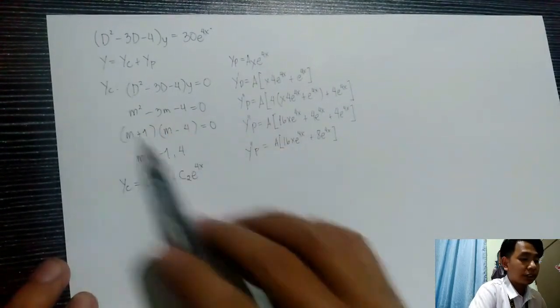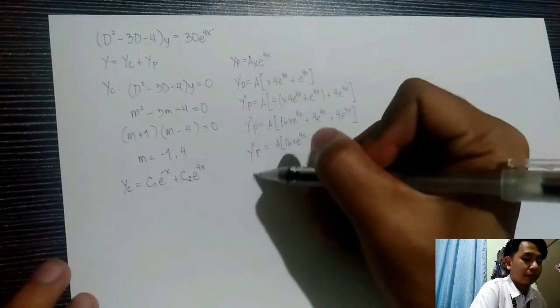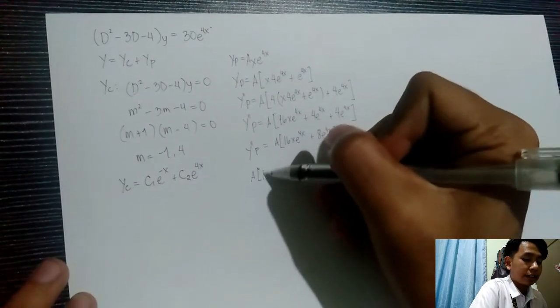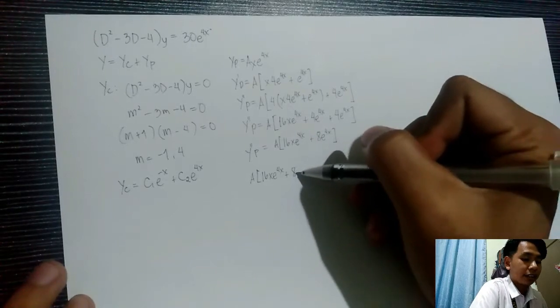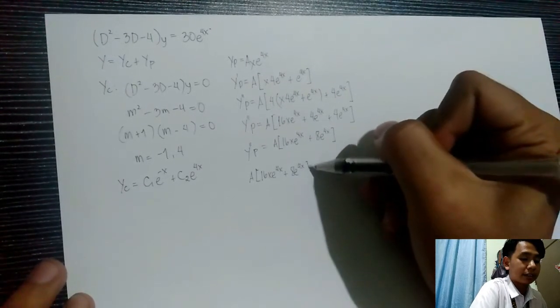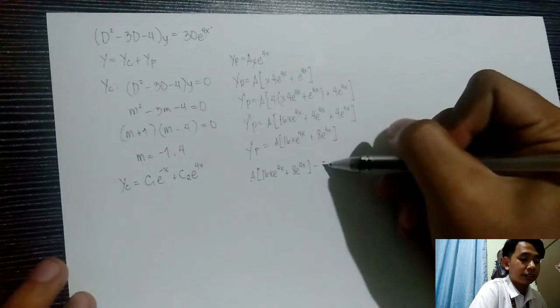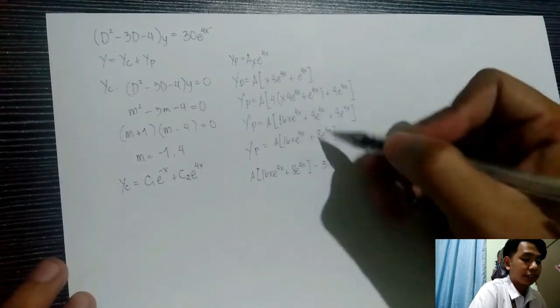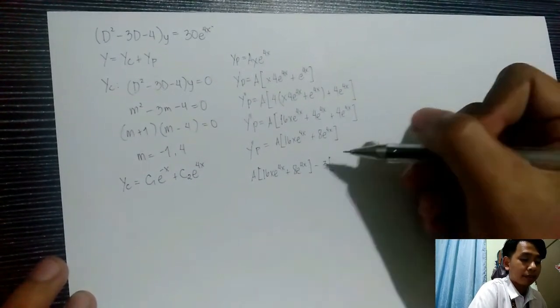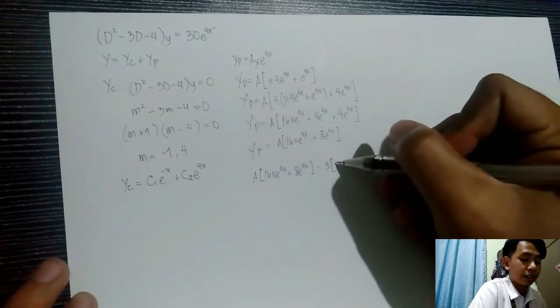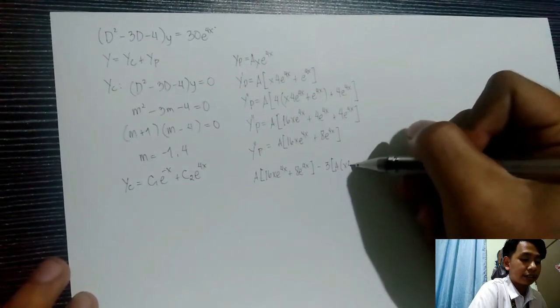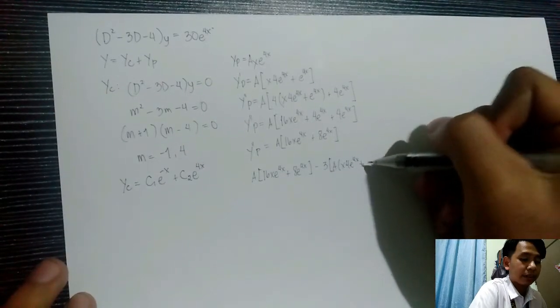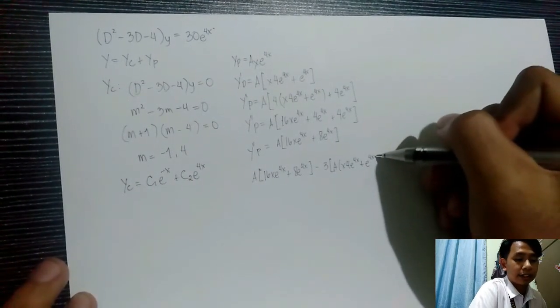So the d squared is the y double prime, a times 16x e raised to 4x plus 8 e raised to 4x, minus 3 times the first derivative, which is a times x e raised to 4x plus e raised to 4x.